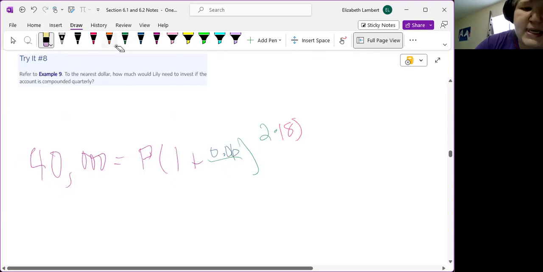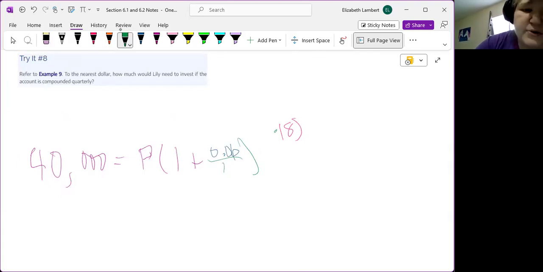So I'm just going to sneak in here and change those to a 4. And now we're just going to do the same calculation, but we're going to see how much that 4 changes things. So open 1 plus 0.06 divided by 4, because it makes the inside smaller, but it makes the exponent much larger. And now it's like 2.92. And now we'll do 40,000 divided by that guy.